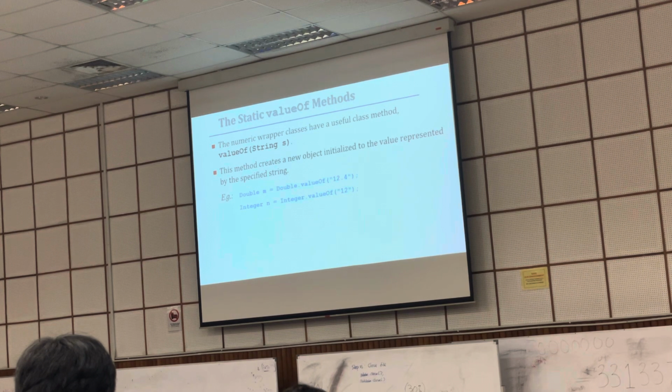So it can create an object initialized to the value represented by a specific string. From a string, you actually can convert to the appropriate data type. So Double.valueOf, yes, like this. Just now the string that I put in red color, right? So I can use it like this, Double.valueOf, I can put a string here, and it will be a double value.